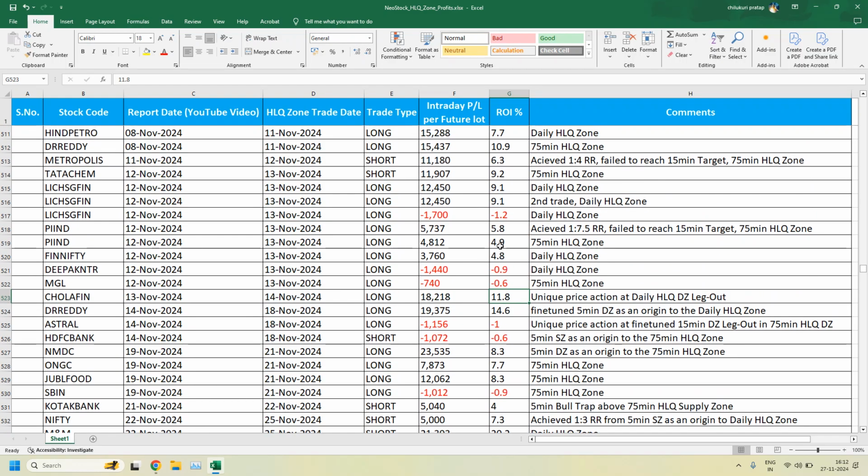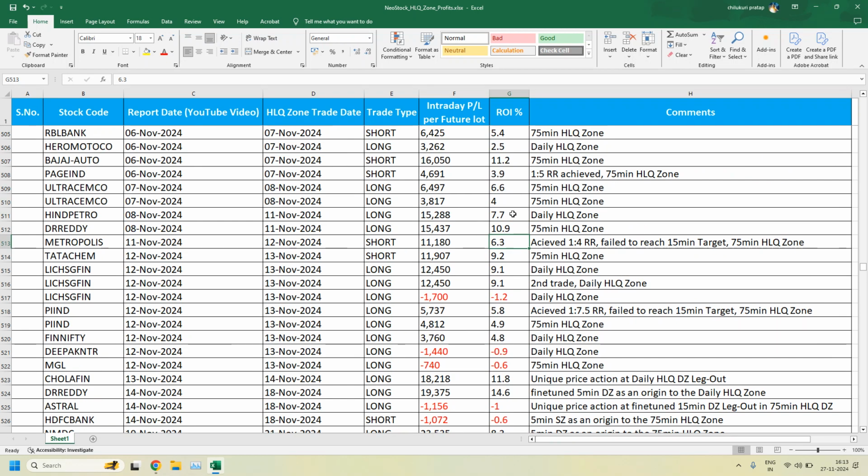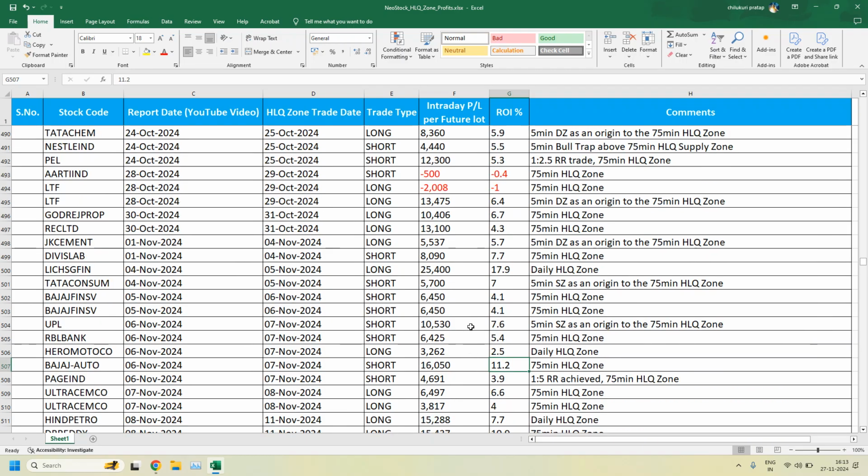Okay, these two are close to 5%. 5.8, that means close to 6. See again here, 9.1, 9.1, 9.2, 6.3, 10.9, 7.7, 6.6, 11.2. Especially those who traded high liquidity zones in October and November are lucky people, because you got huge profits.